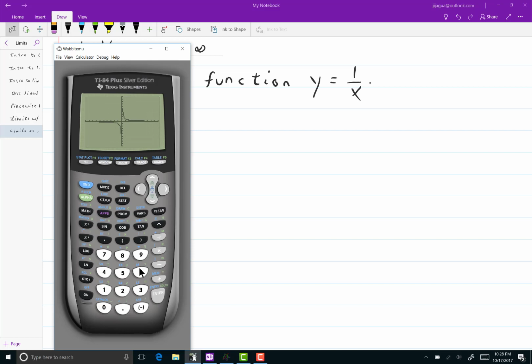It's difficult to see, very small from this picture, so let me zoom in a little bit. I think what I'll do is go from -5 to 5 for the x min and x max, and -5 to 5 for y min and y max. And now go ahead and graph.